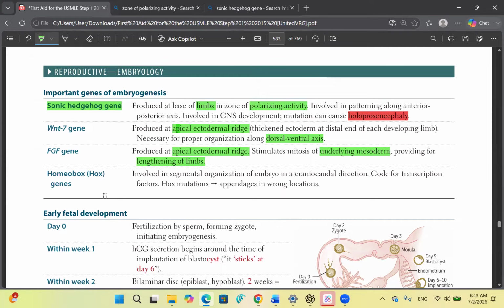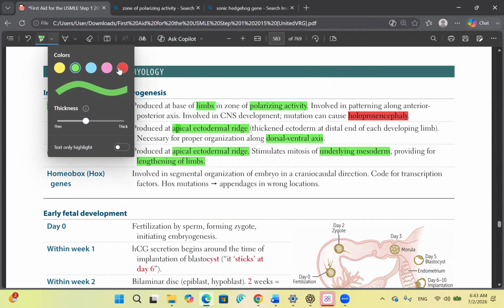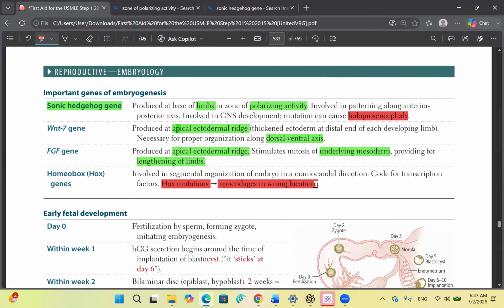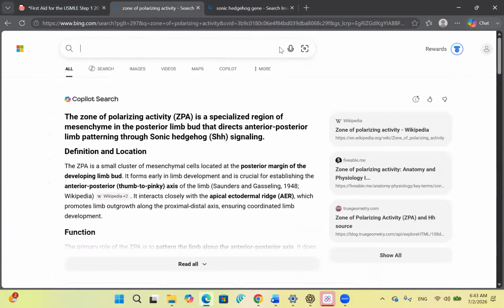And then there are the HOX or homeobox genes involved in segmental organization of the embryo in a craniocaudal direction, which code for transcription factors. HOX mutations cause appendages in wrong locations. Okay, it is basically for the segmental organization of the embryo. Now we search the apical ectodermal ridge.